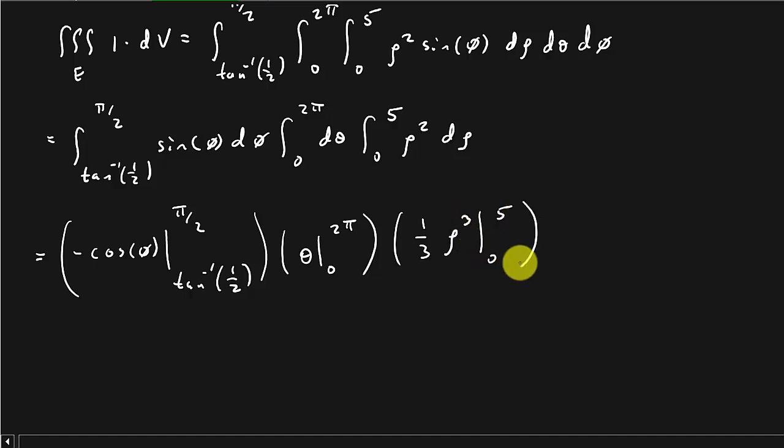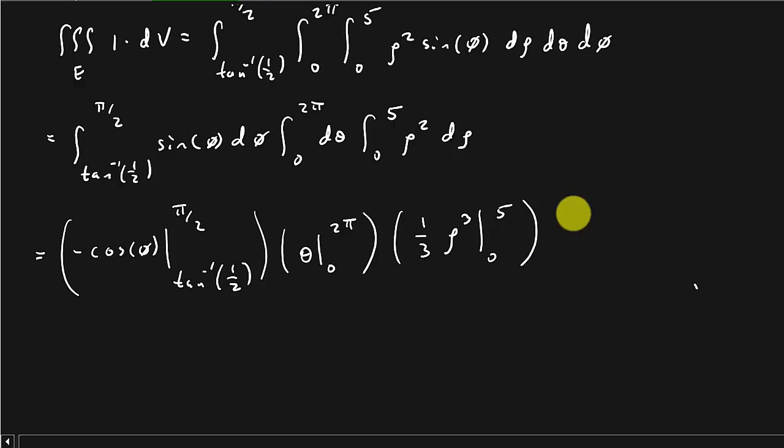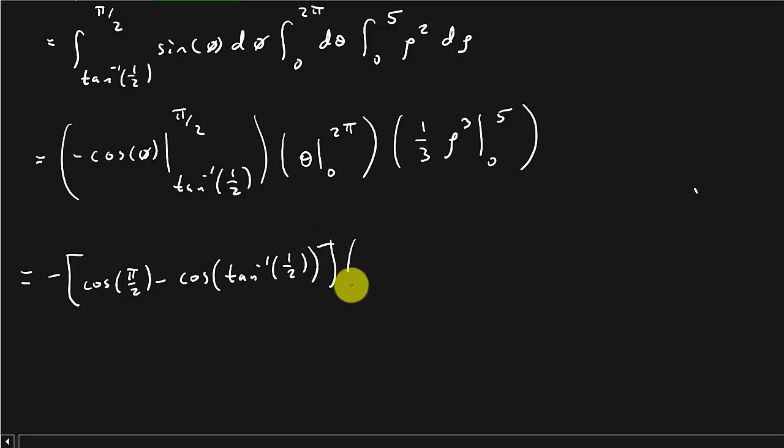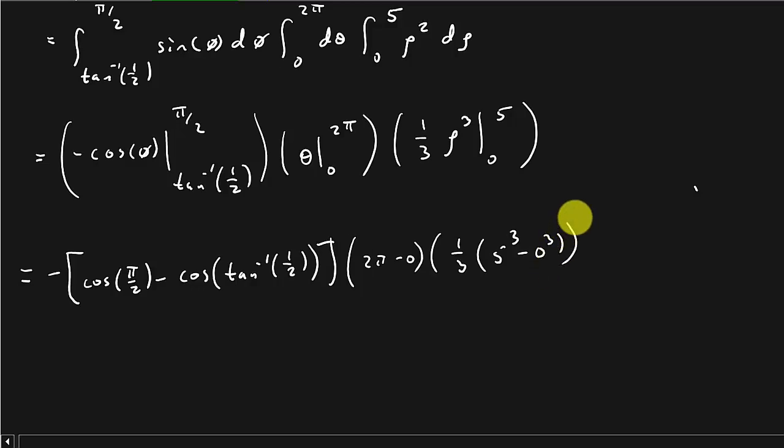All right. So this one, let's keep that negative. I'm going to keep this negative out here. So that's going to be cosine pi over 2 minus cosine of inverse tan 1/2. All right, and then that's going to be times 2 pi minus 0 times 1/3 times 5 cubed minus 0 cubed.